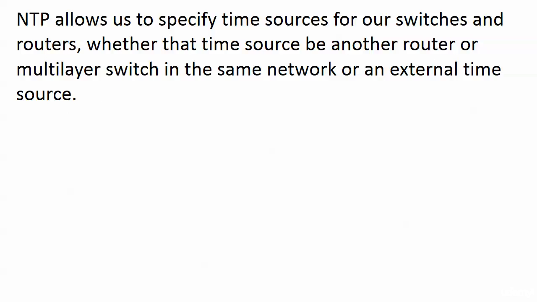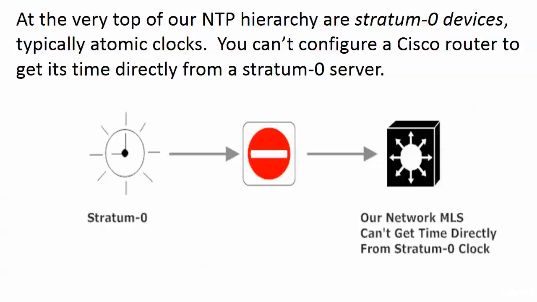And in real-world networking, you're usually going to have a combination of that, because you'll have one device, a perimeter router, where all your traffic that's going out to the internet goes out through that particular router. That router is probably getting its official time from another device. And then we configure the network so once that router has the correct time from an outside source, all the other routers in our network are getting it from an inside source. You'll see what I'm talking about when we go through a couple of labs.